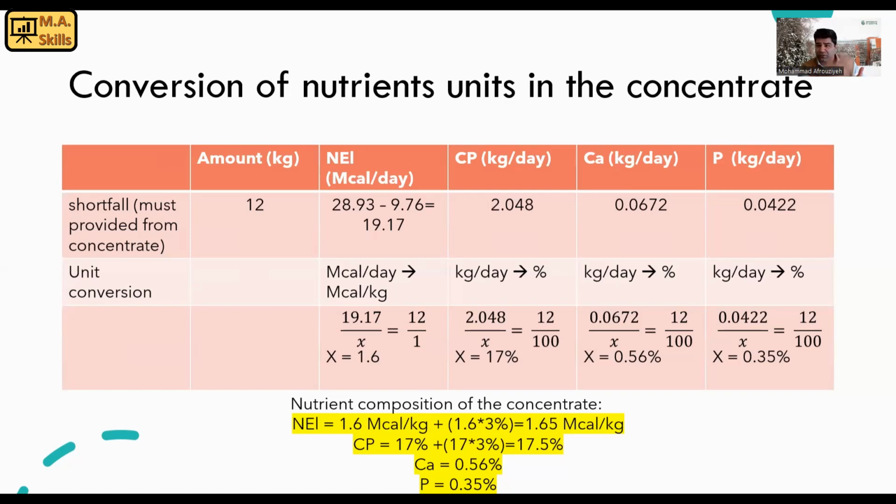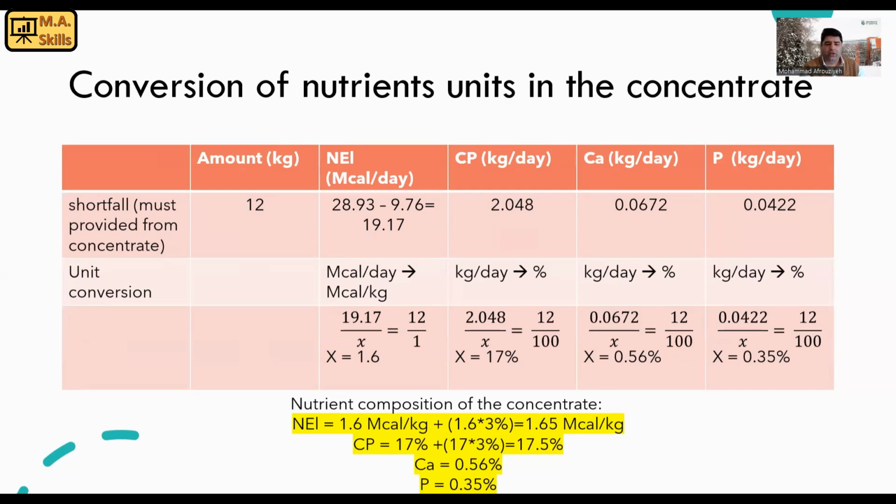That's why first we account for the slack space dilution by adding 3% on top of energy and protein.